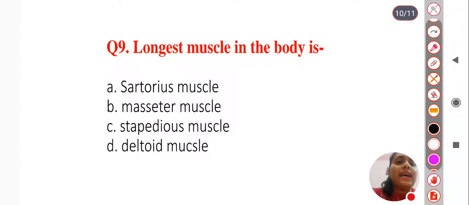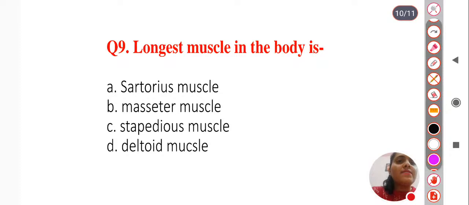Now question number 9: the longest muscle in the body is sartorius muscle, masseter muscle, stapedius muscle or deltoid muscle. Karnika has answered A, Akriti A, Upma Gupta A, Barsha Thakur A. Good.